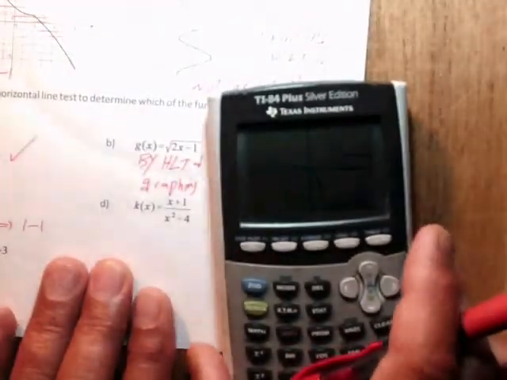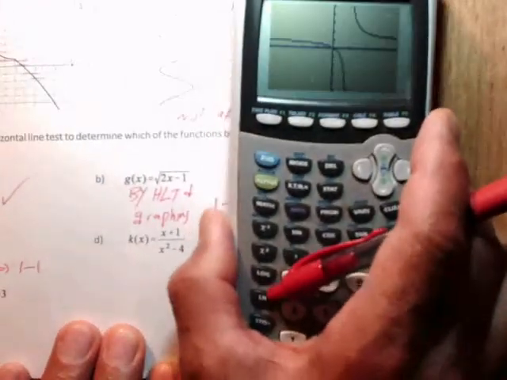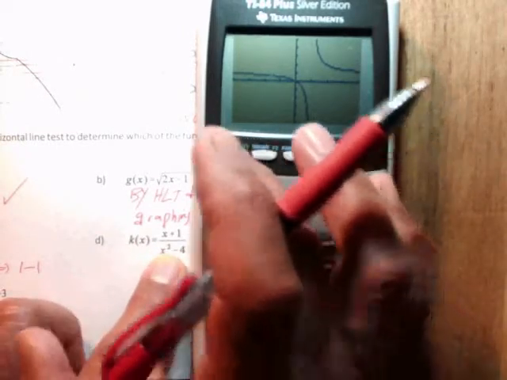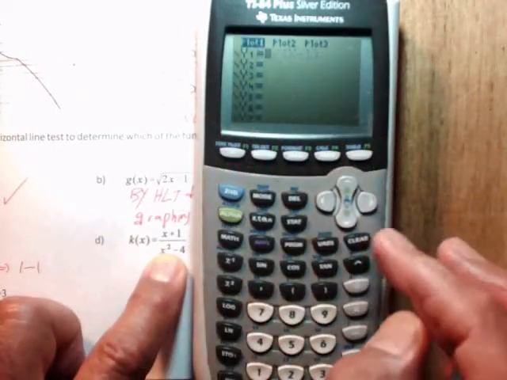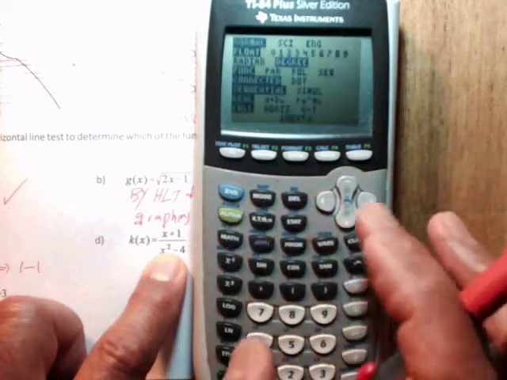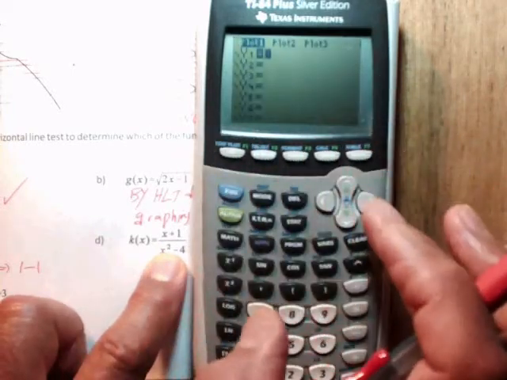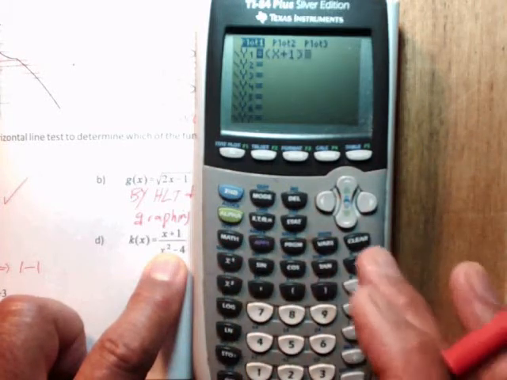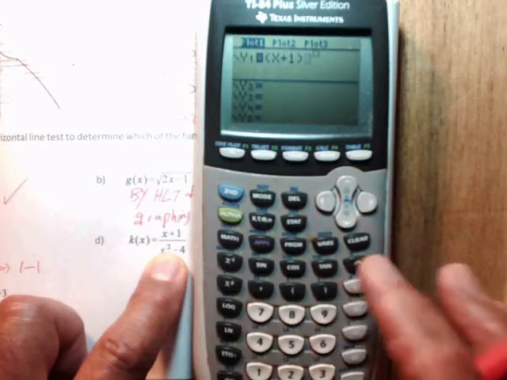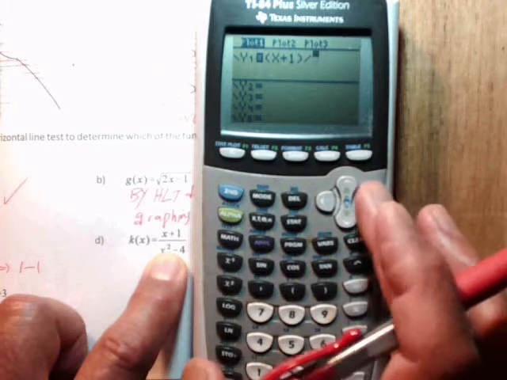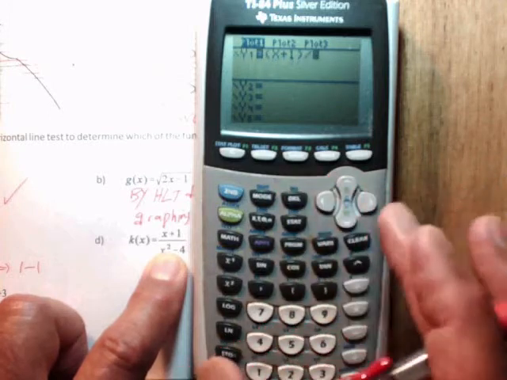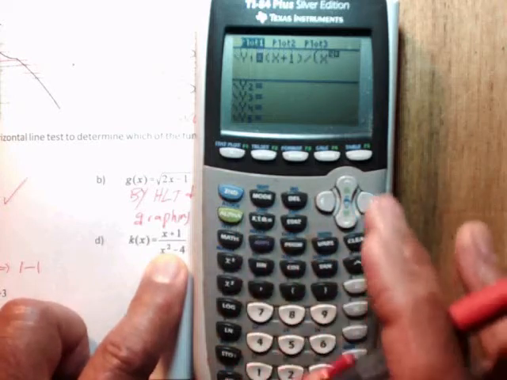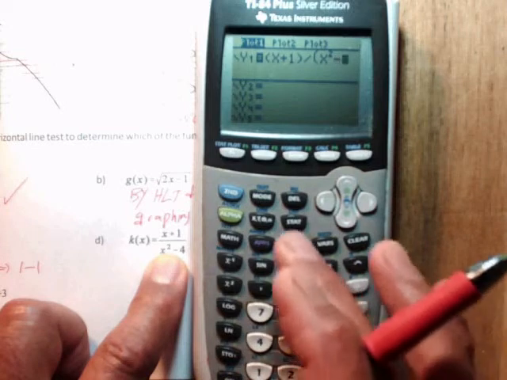And this one, parenthesis x plus 1 divided by parenthesis x to the power 2 minus 4.